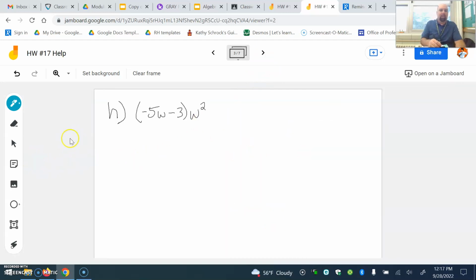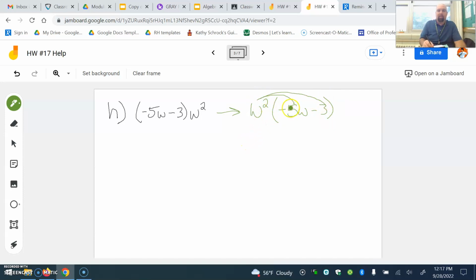Moving on, H. Okay, this one should be pretty simple. It's the distributive property. You might be saying, well, I'm used to it being in the front. Well, okay. Using the commutative property of multiplication, we can flip this around. And when we do that, it looks like this.